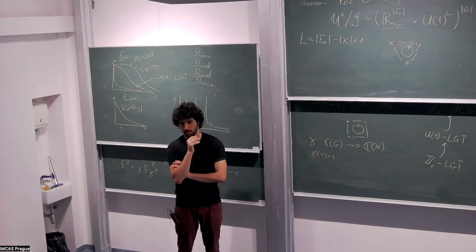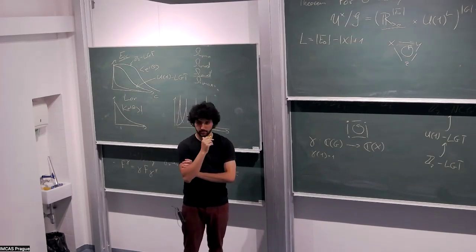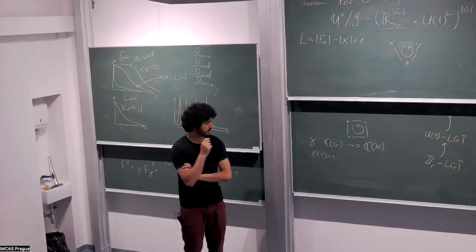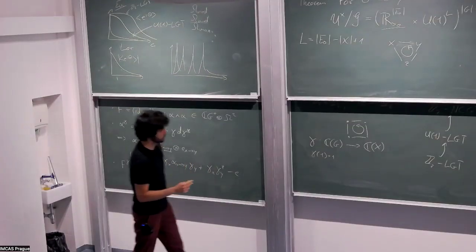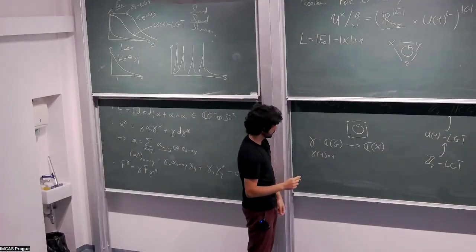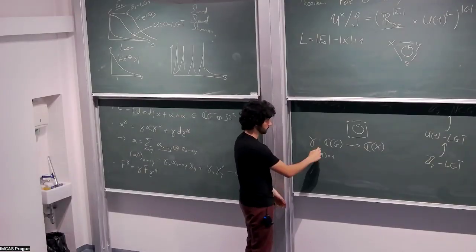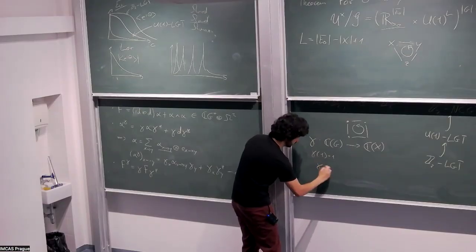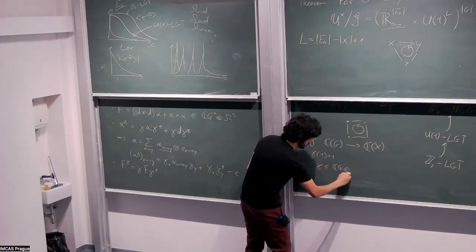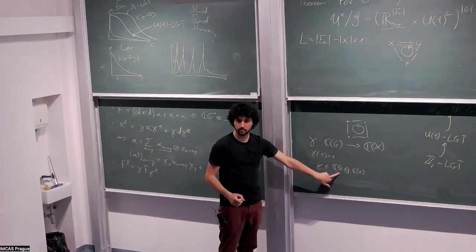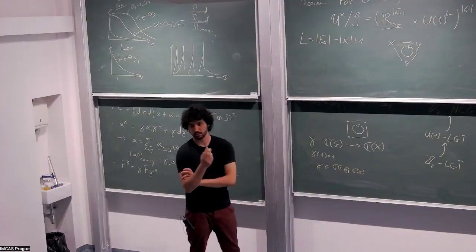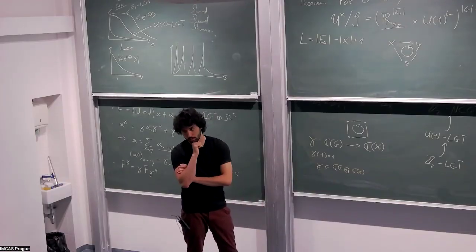I see. So it restricts a lot what kind of maps you can have here. Essentially, if you ask them to be differentiable, then instead of gamma being valued in CG tensor CX, you just have G here. So you don't have the group algebra, just the group itself. Okay. Thank you.